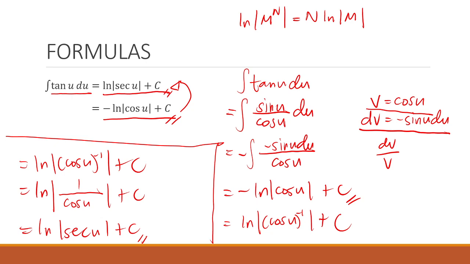By the way, this technique is also applicable for cotangent. Okay? So just use the ratio identity again, but for cotangent. Cotangent is cosine divided by sine, and you employ the same techniques. Alright?